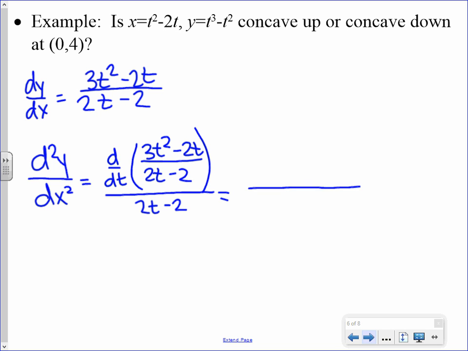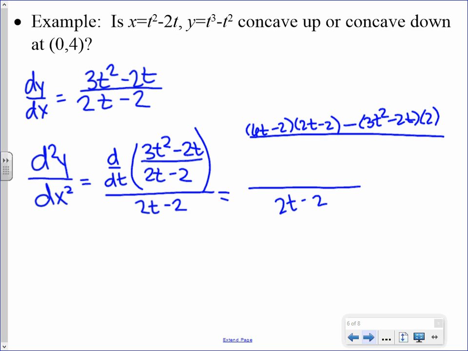So quotient rule: we have (6t minus 2) times the denominator, minus (3t squared minus 2t) times the derivative of the denominator, which is 2, all over (2t minus 2) squared.